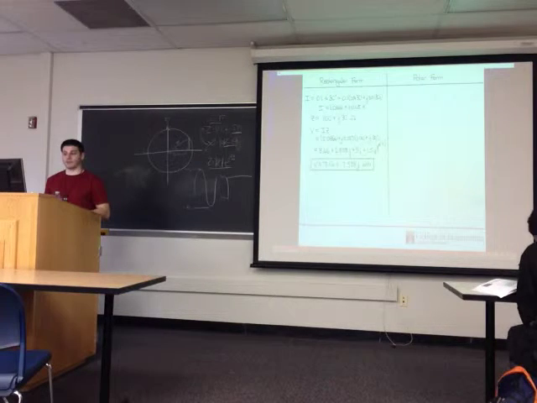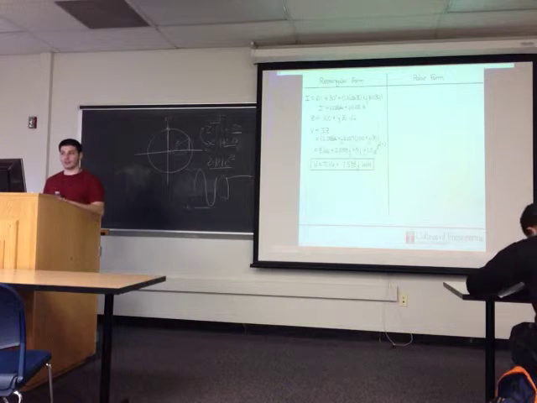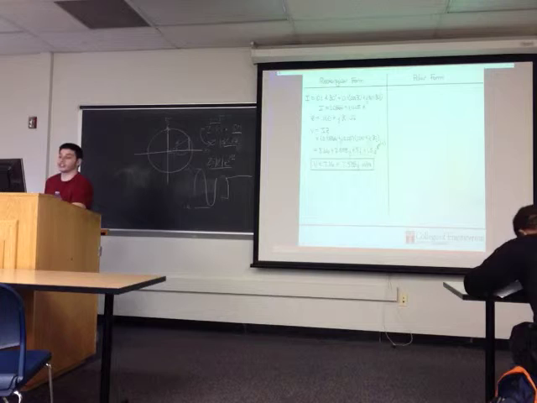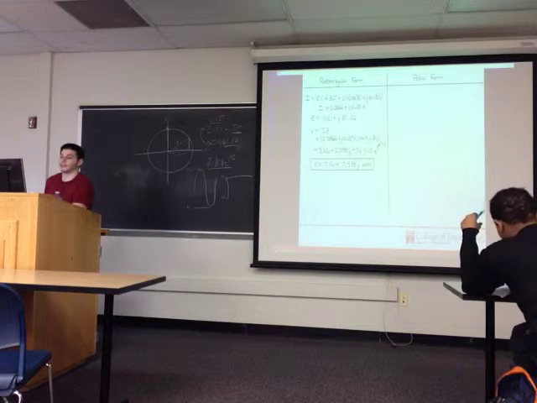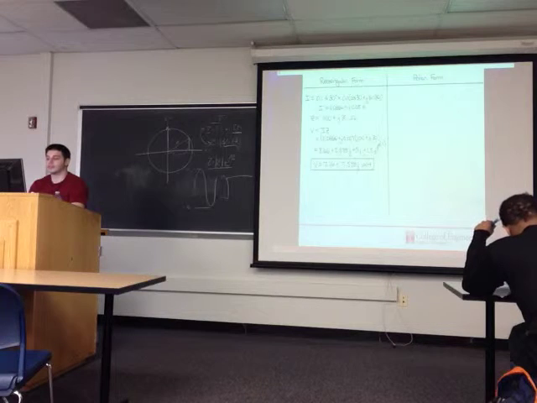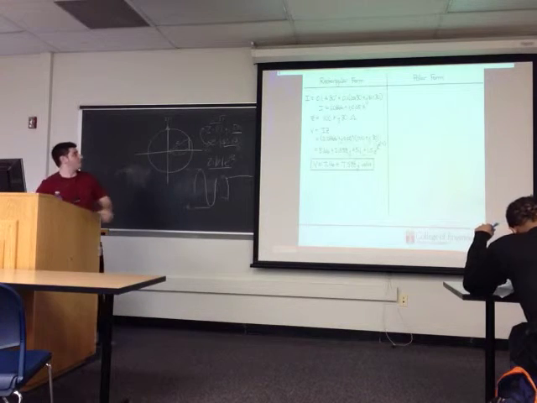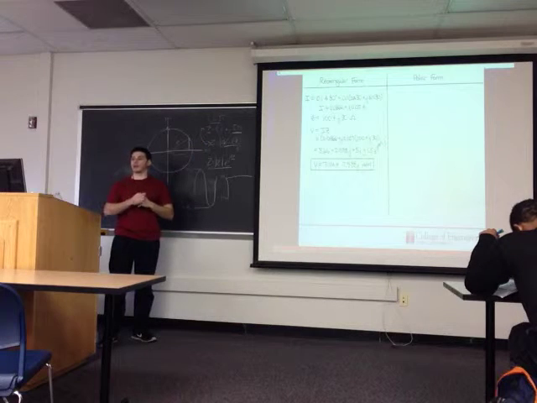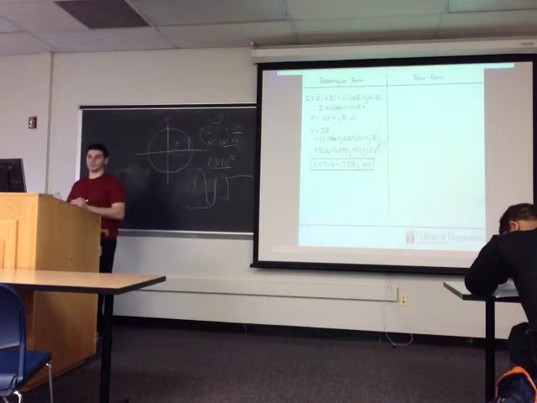So this is our final answer. You change the J squared into negative 1. Remember that J is the square root of negative 1, so if we square it, we're going to have a negative 1 term.